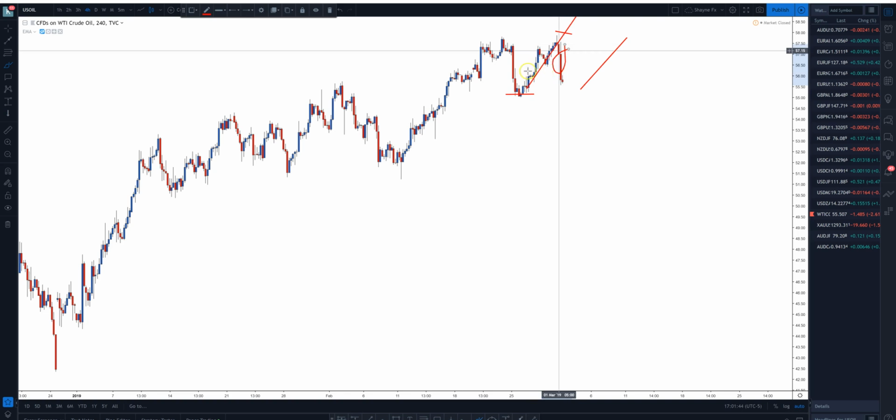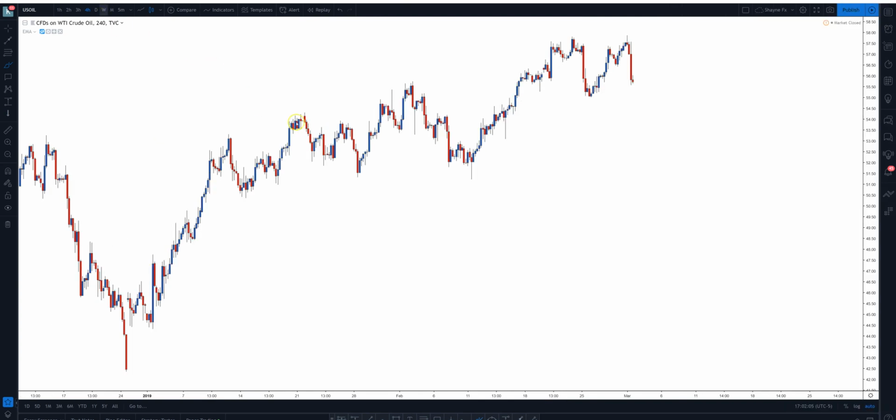So you're basically waiting to take a buy soon. Correct. Alright, so let me show you how I would break this chart down.